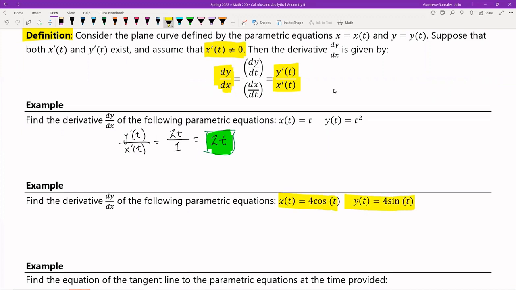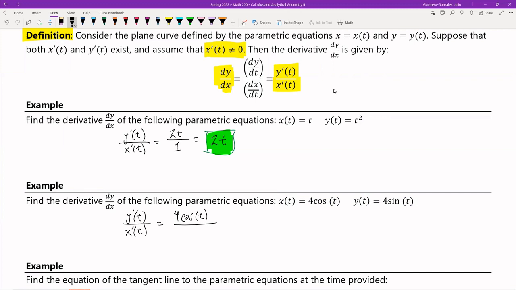Next one. Again, we're using the same examples from the previous section. We know that this is supposed to be a circle. Let's try to find the derivative of this now. It's just how it is up above: y prime of t divided by x prime of t. My y prime of t, the derivative of sine is cosine, so it's going to be 4 cosine of t, over the derivative of 4 cosine.